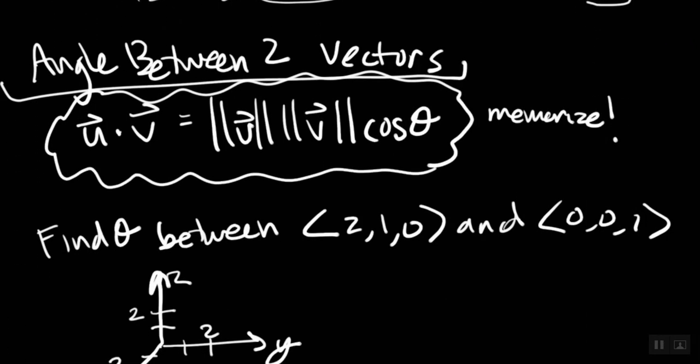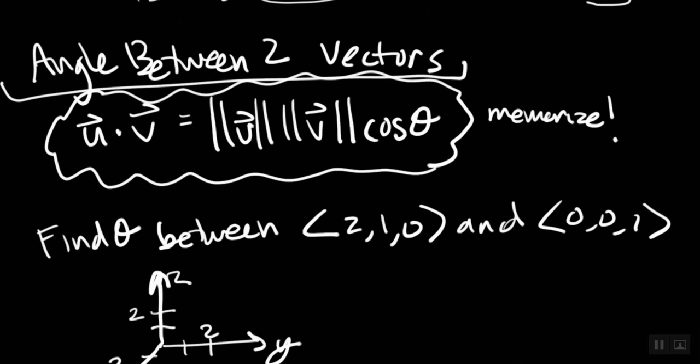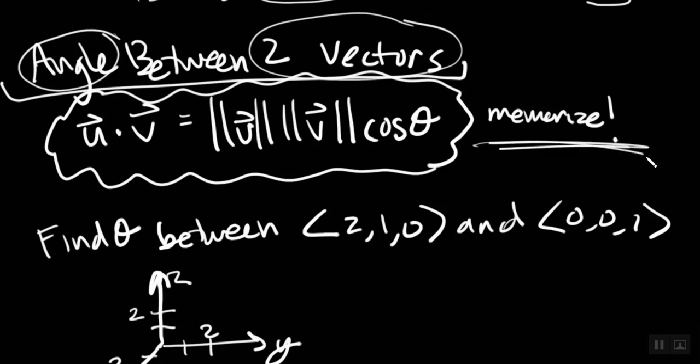Now, the most important application, in my opinion, of dot products is that you can actually find the angle between two vectors with dot products. Now, I'm not going to prove it here, so memorize this. The dot product of two vectors is equal to the norm of the first vector times the norm of the second vector times cosine theta.